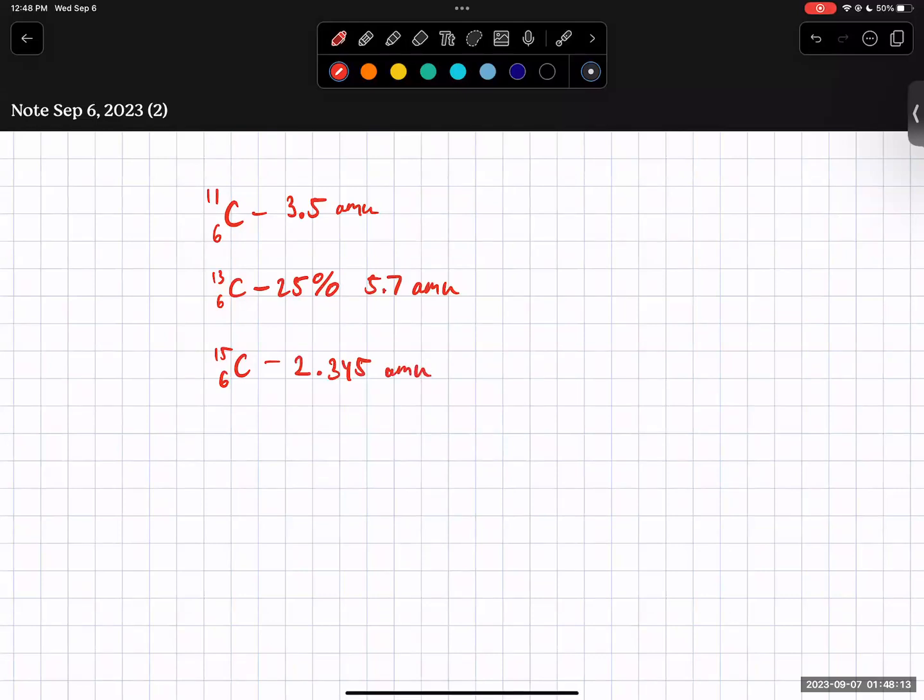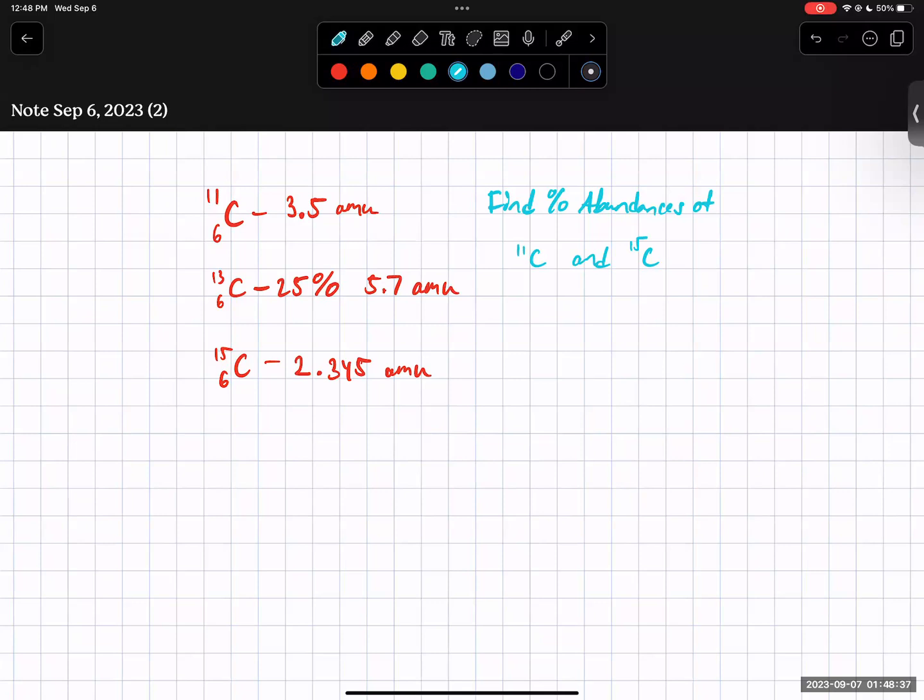These are the isotopes. What is the question? The question is, I want y'all to find the percent abundance of carbon 11 and carbon 15. Both. Who knows how to do this?